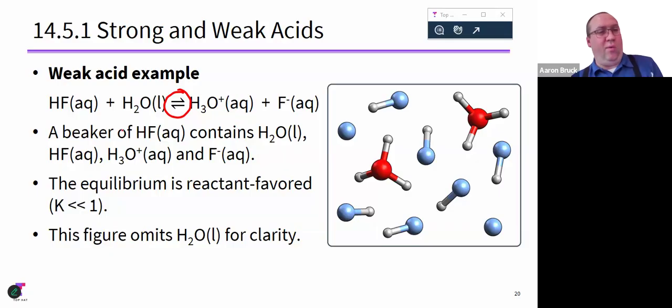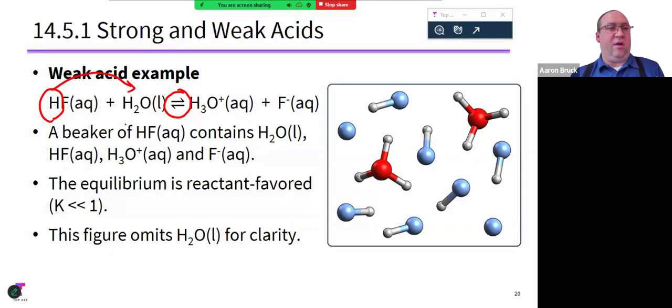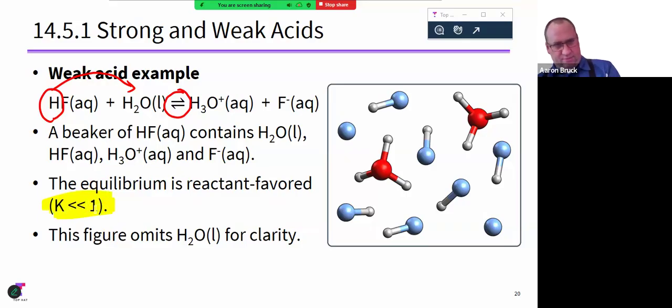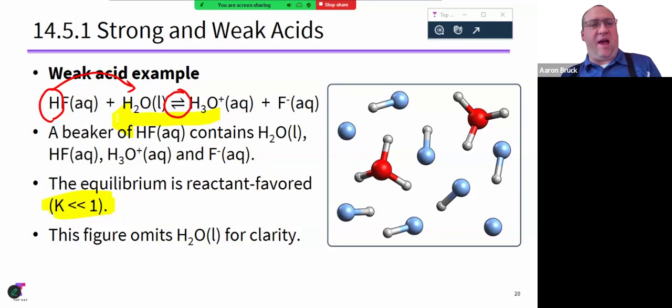So we know that the hydrogen is going to come over and make hydronium. But since that equilibrium is so reactant favored, what that means is that the majority of the equilibrium lies on that reactant side of the ledger.